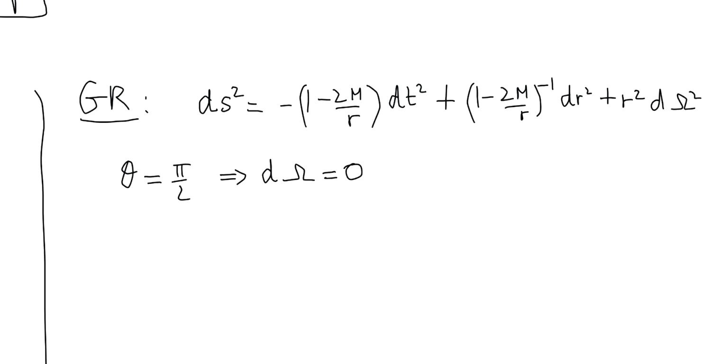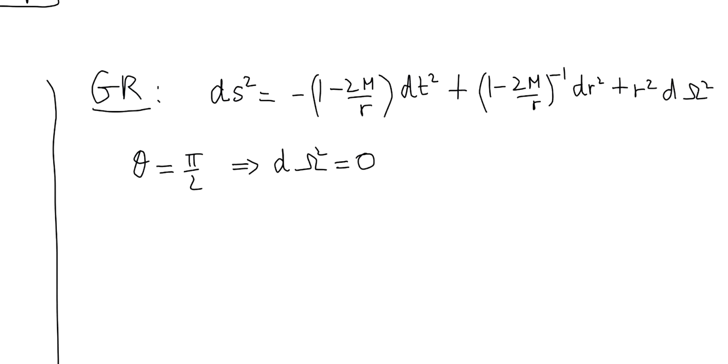This is because d omega squared is r squared d theta squared, which we say is 0, plus sin squared theta d phi squared. And sin theta, if theta equals pi over 2, is 1, so only d phi squared remains. The motion of an orbit is in the plane.